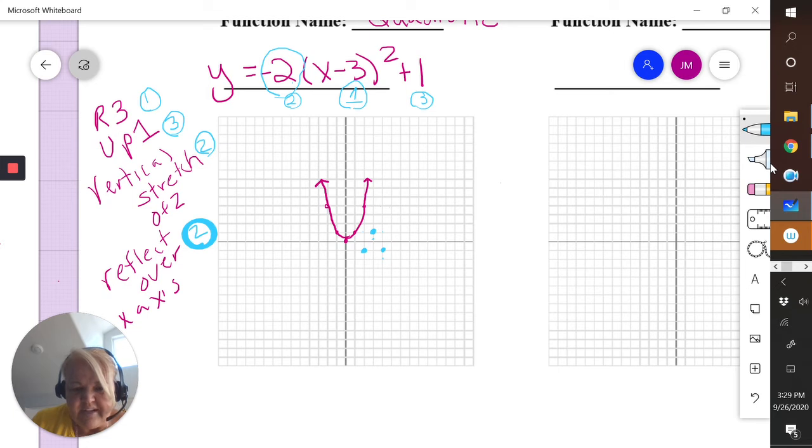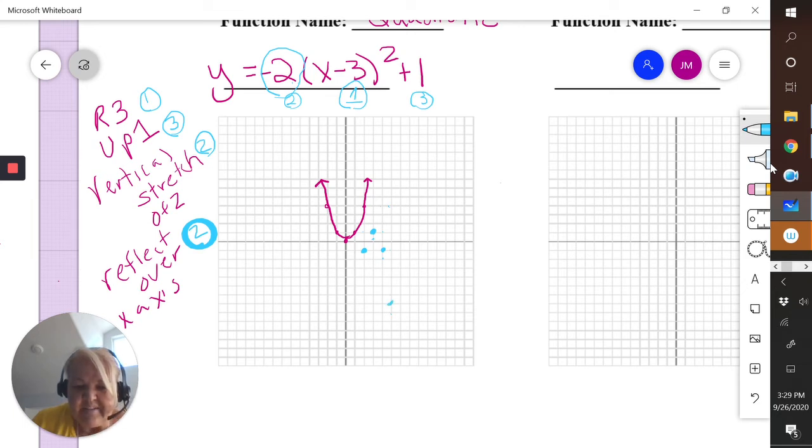What's the y coordinate? The y coordinate is 4. If I multiply that by -2, it takes me down to -8. 1, 2, 3, 4, 5, 6, 7, 8. But then I have to shift it up 1.